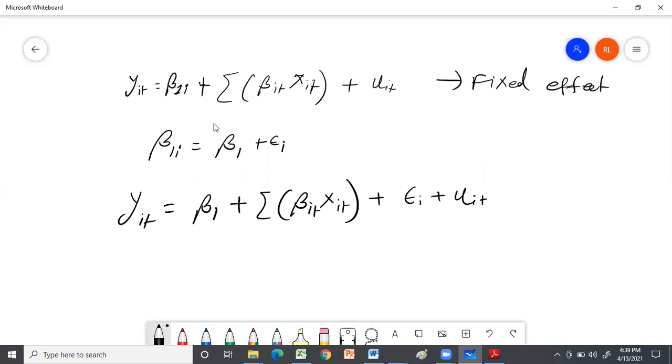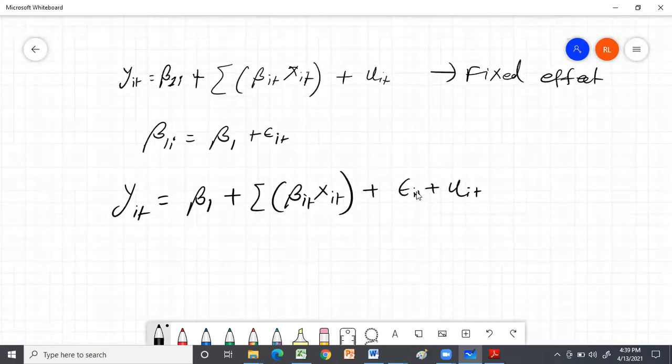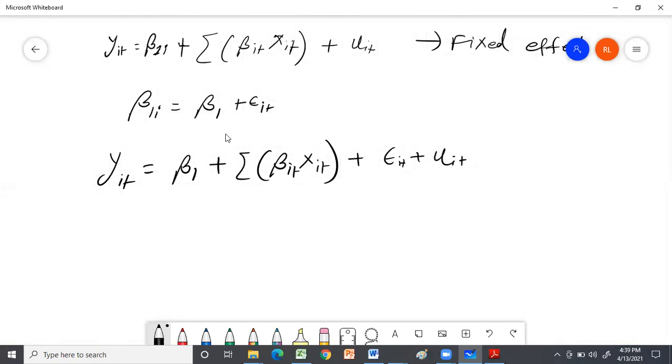Okay. So there is also time because you have the panel data actually. So here what you can see is this beta 1I, which was constant across the time in the fixed effect model, or which was not varying or differentiating across the time in the fixed effect model.